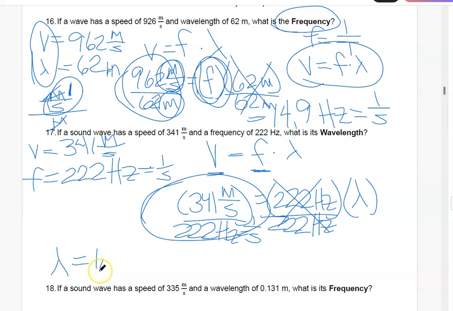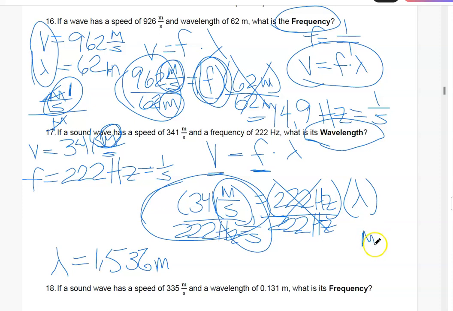We get a numerical value of 1.536. Well, what are our units? Well, we're asking for wavelength, so our units should be a unit of length. And the only unit of length we have in this equation is meters. Remember, speed is in meters per second. So this is going to be in meters. And if you want to convince yourself, we're actually dividing meters per second divided by 1 per second.